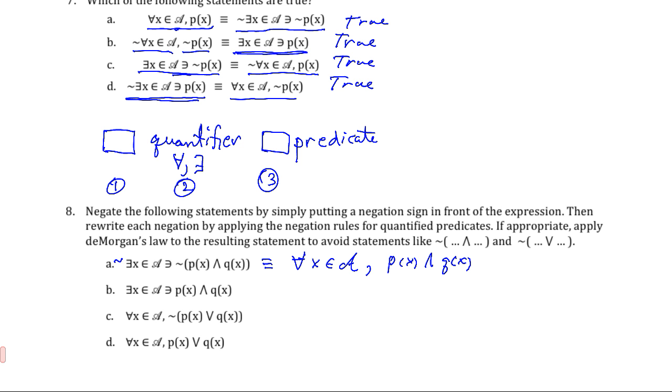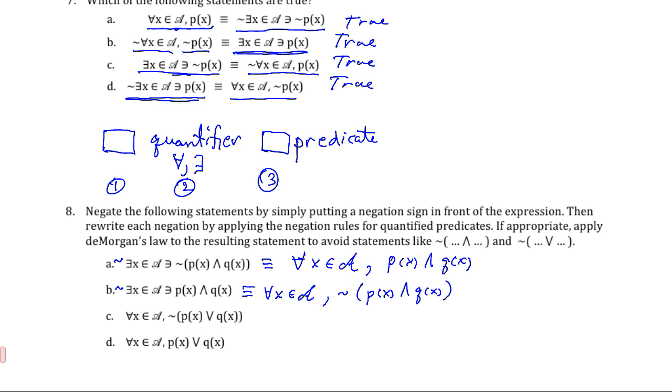Okay. Here it says, okay, so that's it, and I can't simplify that anymore. If I put the negation on part B, then that's equivalent to, now I'm going to take off the negation on the outside. I'm going to turn there exists into a for all. And then I negate the thing on the inside, not P of x and Q of x.